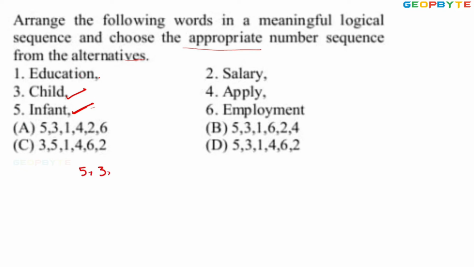Okay, next education, next apply. After education is apply, we get salary, then employment. So what is the option? 5, 3, 1, 4, 2, 6. So option A is the answer. Okay friends, next.